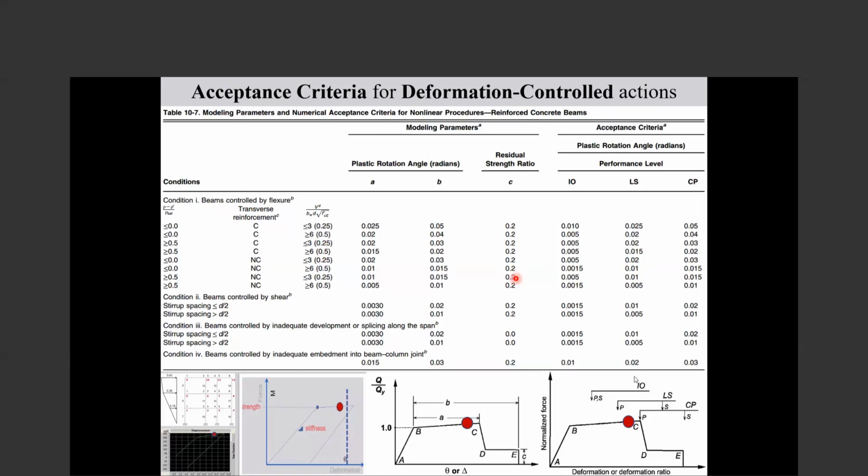But the point is, for research, we can do that. But for real life, usually the peer reviewers, the controllers, ask for the code, that you apply the code provisions, not the research type of methodologies. Sometimes they agree. You provide the background, you provide the validation, and they agree to use that.